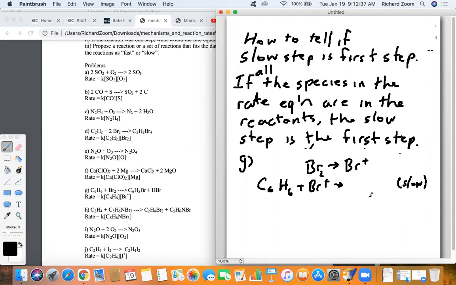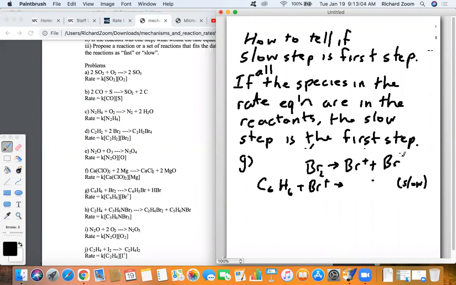So Br2 is giving Br+. How do I balance that? What do I have to add to balance that? Another Br. Well, another Br, but that's not completely balanced.